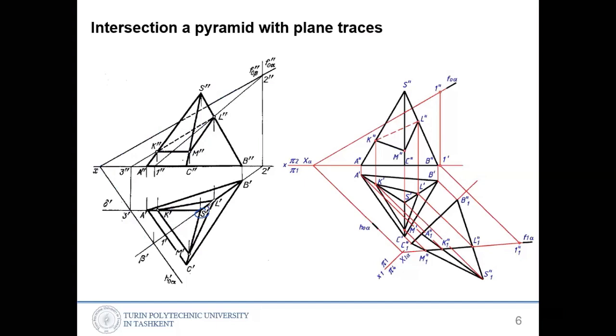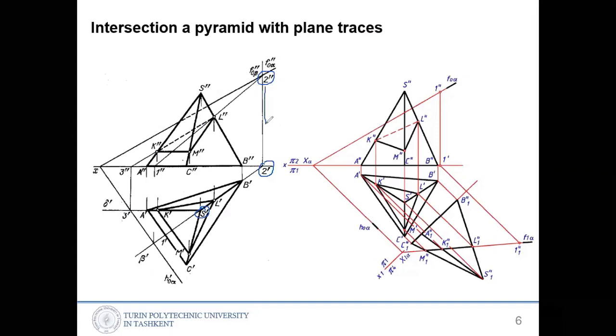By using this tip, we are making a line, finding this 2 dash point, passing through this tip, and the trace is made at the 2 dash point.